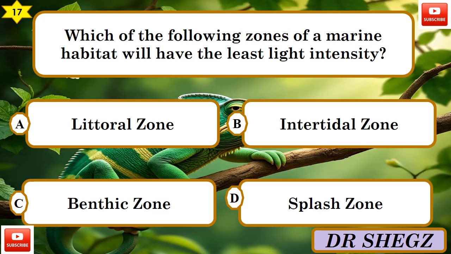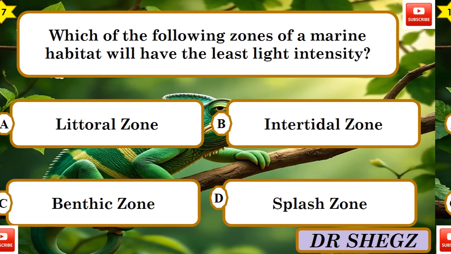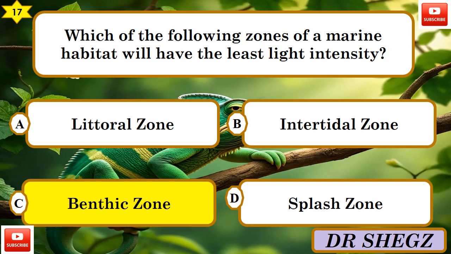Which of the following zones of a marine habitat will have the least light intensity? Littoral zone, intertidal zone, benthic zone, and the splash zone. Of course, our answer is benthic zone. Remember, the light intensity decreases as you move from the top of the ocean to the bottom.